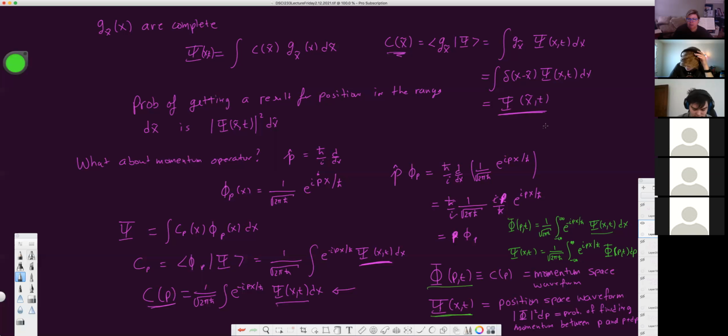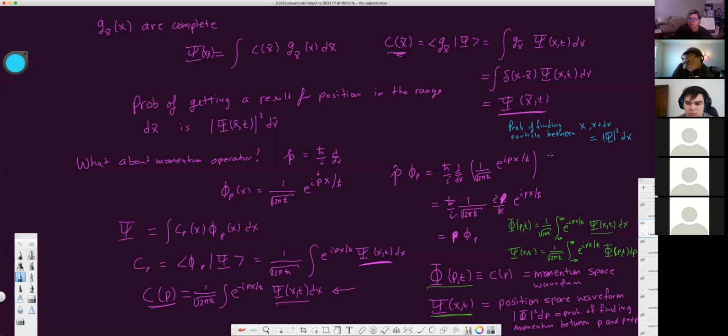So the probability of finding the particle between x and x plus dx is equal to psi star psi, right?